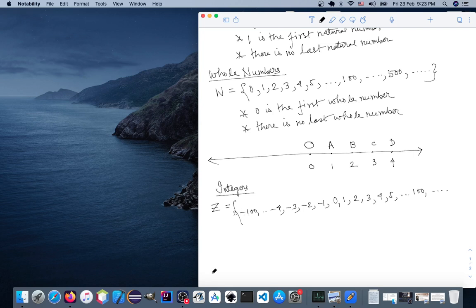Since there is an infinite number of natural numbers to the right hand side of the 0, there will be an infinite number of such negative numbers to the left hand side of the 0. So all these numbers, that is the whole numbers and the negatives of the natural numbers together, this collection is known as the collection of integers.